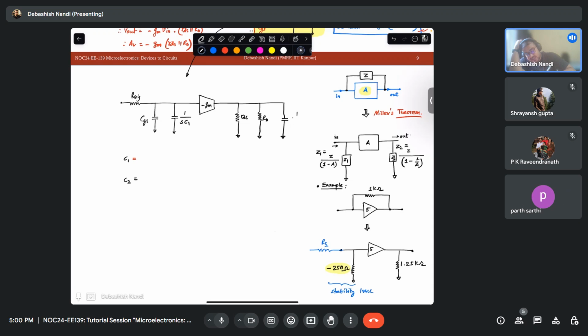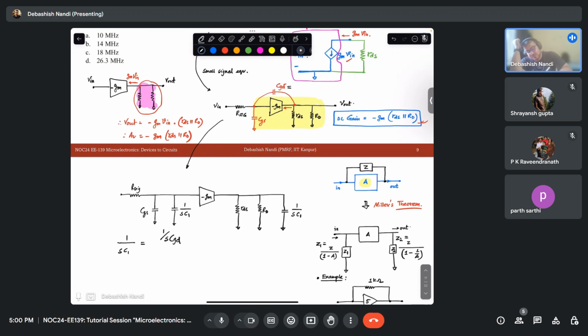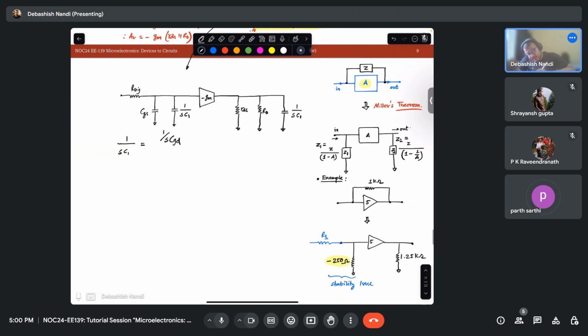So 1 over SC1 is equal to what? 1 over SCGD, the impedance, divided by 1 minus the gain. Gain is what? Minus GM times RD parallel RDS.